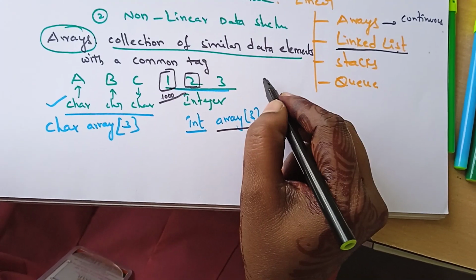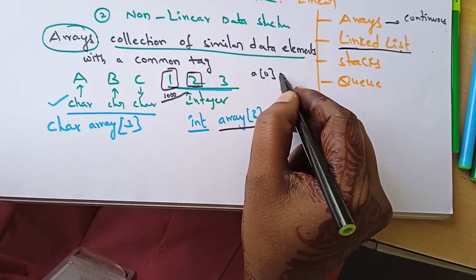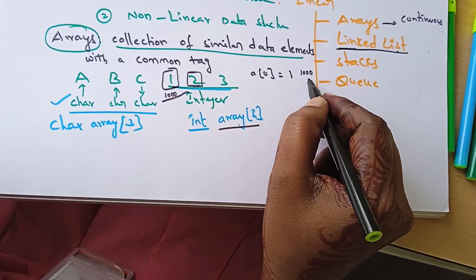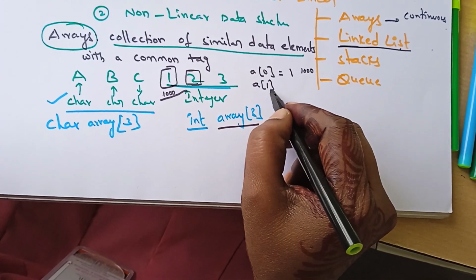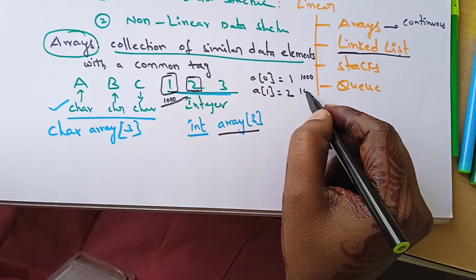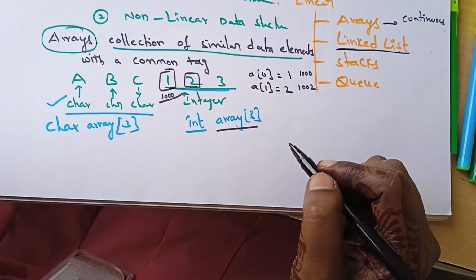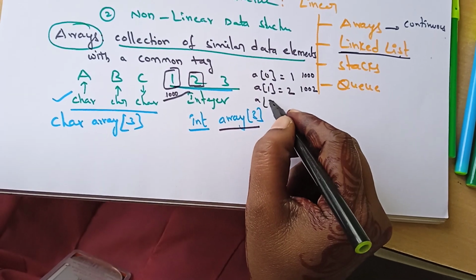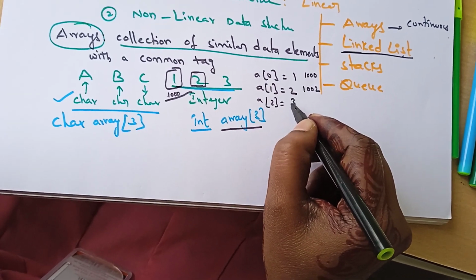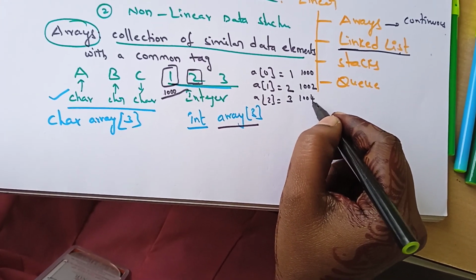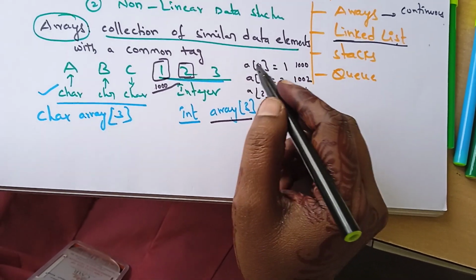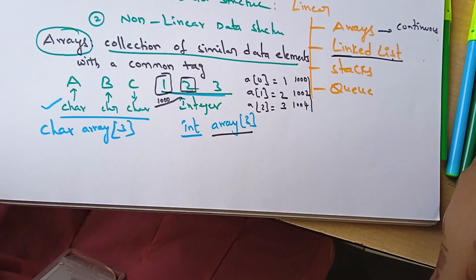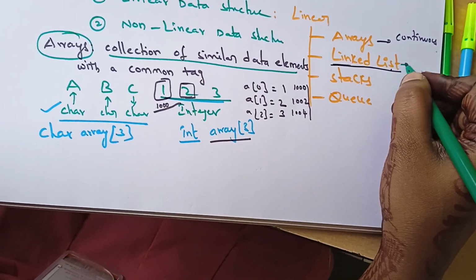Now let's see a of 0. Array of 0 is equal to 1. If it is located at 1000, now my a of 1 is equal to 2, and that will be at 1002, where integer is taking 2 bytes of memory, and a of 2 is equal to 3. Now it takes 1004. This is what continuous memory locations. Did you understand? Yes.